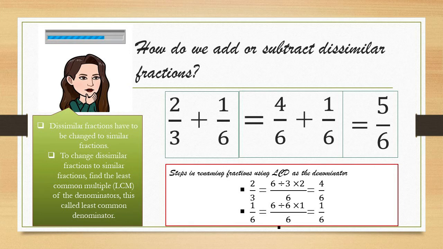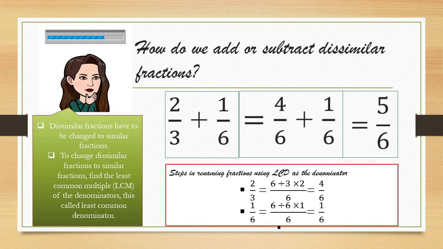To add them, the first thing we need to do is to change them into similar fractions. To change dissimilar fractions to similar fractions, find the least common multiple or LCM of the denominators. This is called least common denominator or LCD.